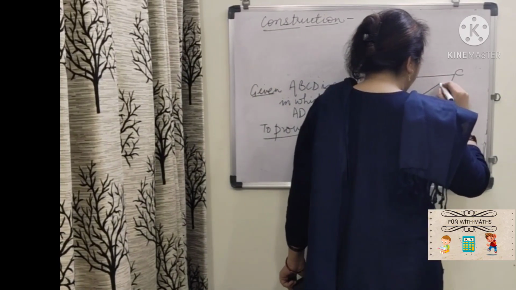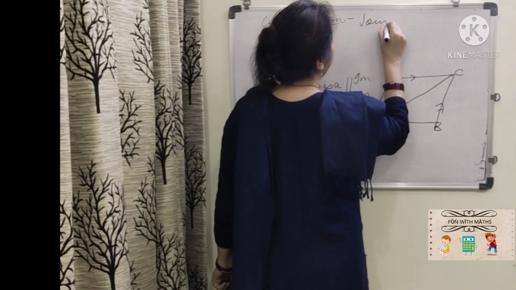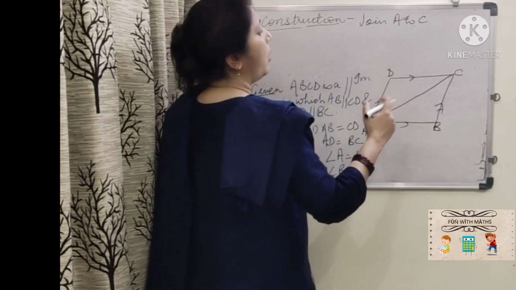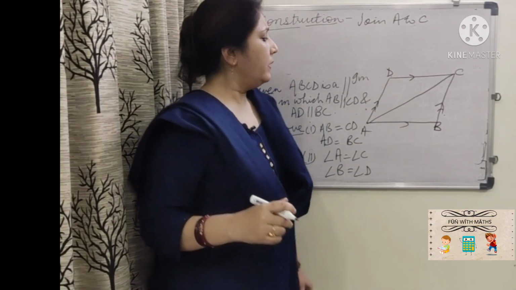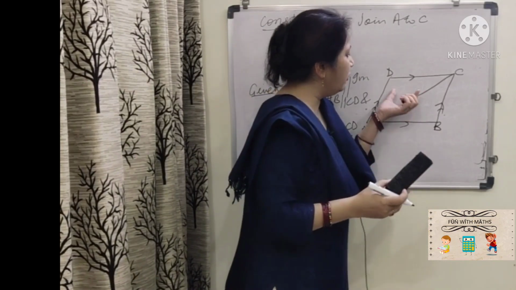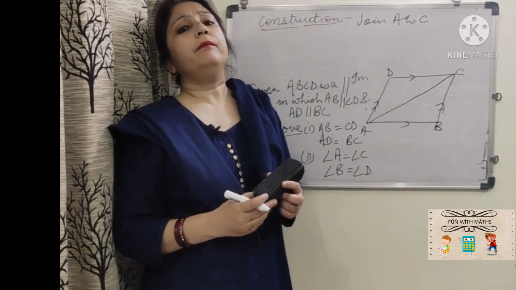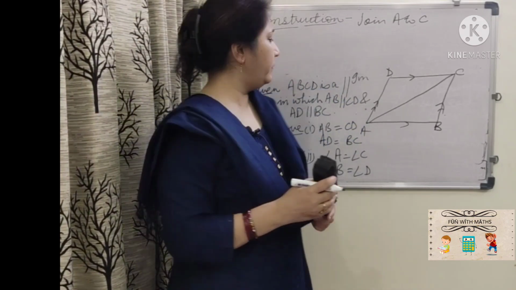We will draw diagonal AC, or we write join A to C, so that you obtain two triangles. Fine. Now we will take these two triangles and prove them to be congruent with the method of congruency.